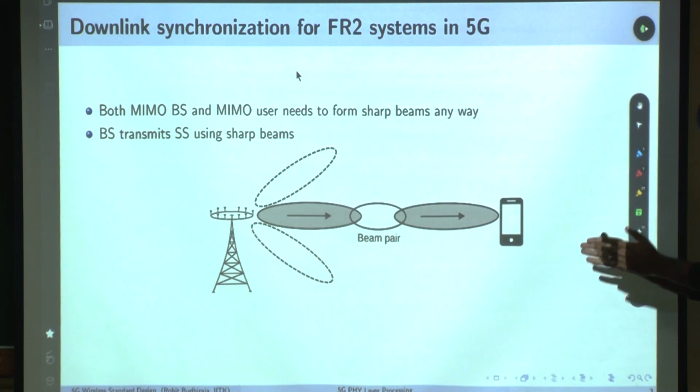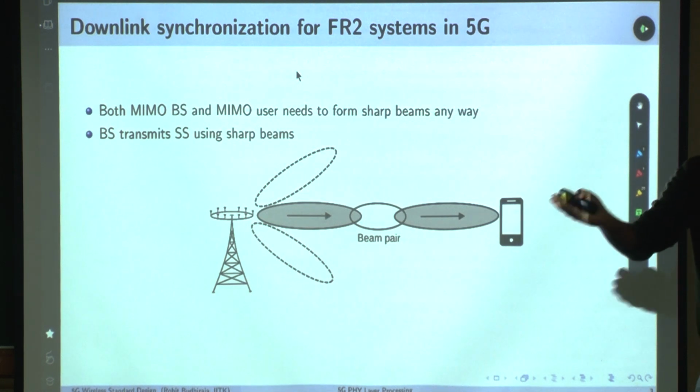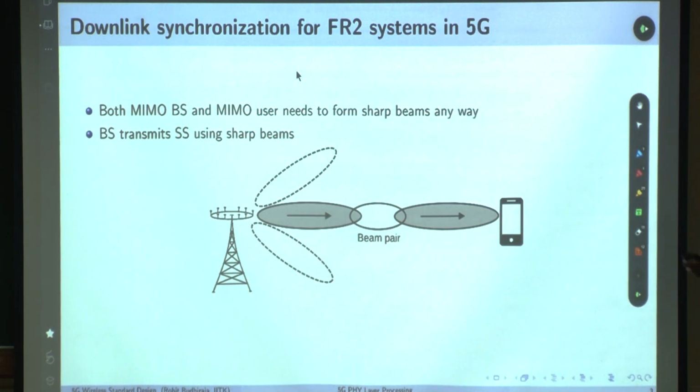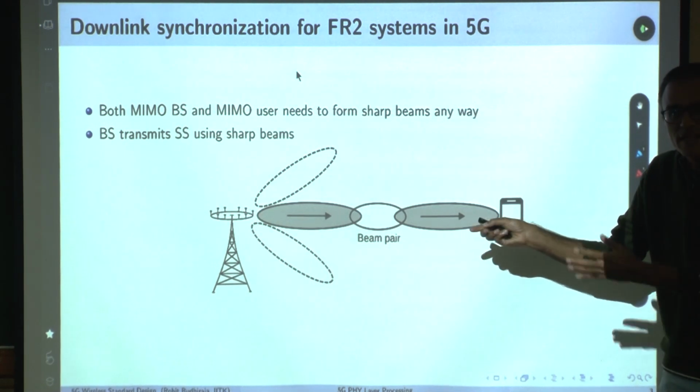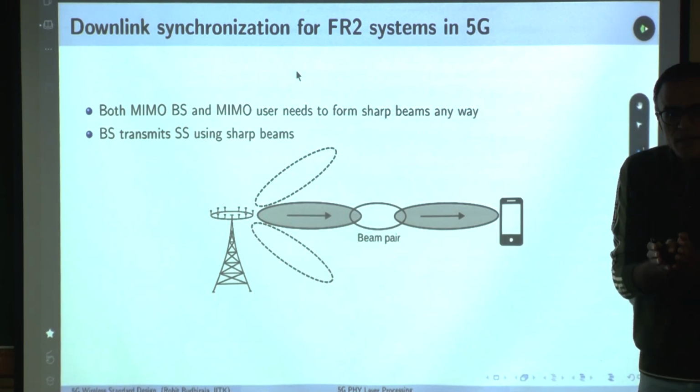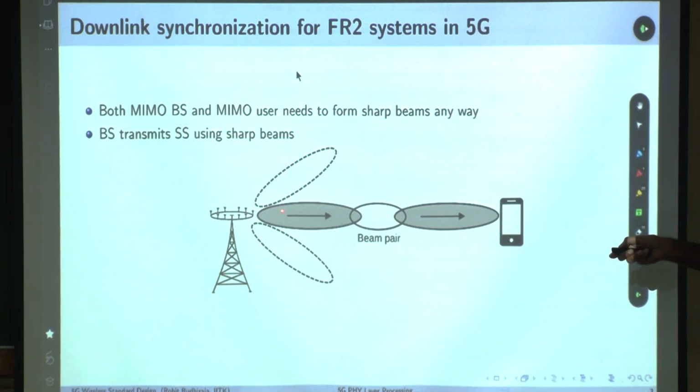Whatever I'm going to show you now doesn't happen in FR1 because the signals are getting broadcast. So a user located anywhere in the cell will be able to receive that signal with sufficient strength in an FR1 system. But for FR2, if the base station transmits in this direction, but the user is in that direction, it will never be able to receive the synchronization signal.